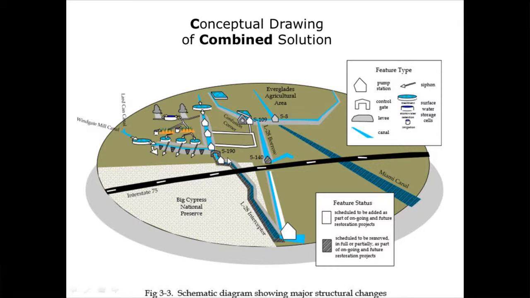The SERP plan calls for moving the S190 5 miles to the south, converting it into a pump station. It also calls for degrading the L28 interceptor levee on the west side to send water into these wetlands. And then it also talks about having the need for upstream surface water treatment areas.